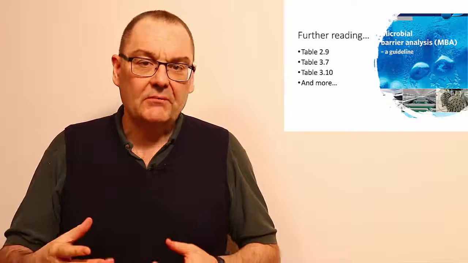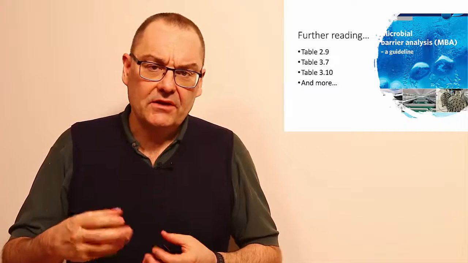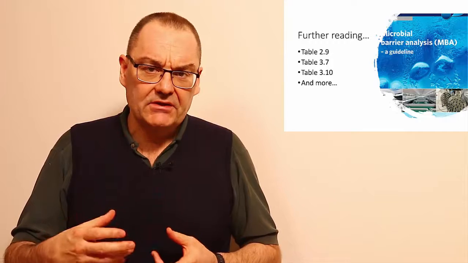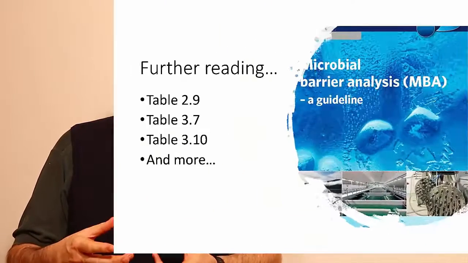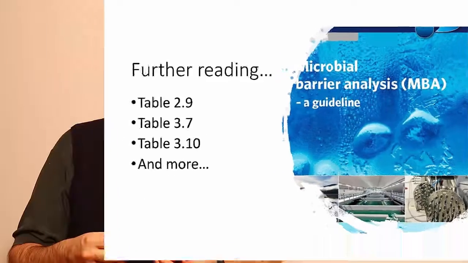This is of course a complex area, and I would recommend, if you're interested, that you go in and read a Norwegian publication of microbarrier analysis. You also have some tables here that are very good and interesting to read in regard to this.